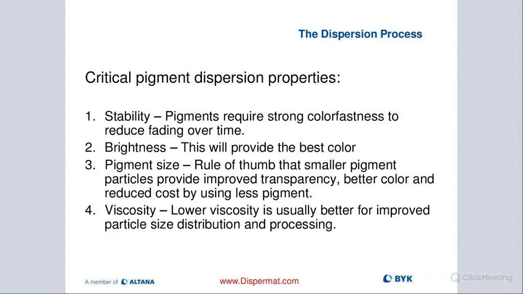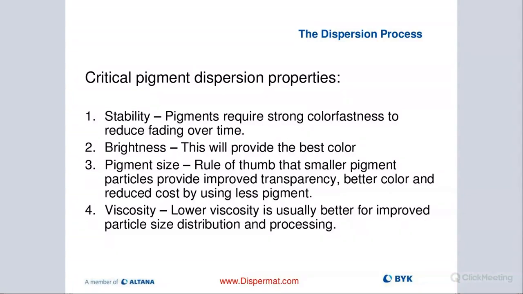The rule of thumb is the smaller my pigment particles, the cleaner my product, the better my color. And then obviously, again, a big factor is always saving cost and being able to use less pigment in my formulation. Doing a really good job dispersing my pigments will help there.